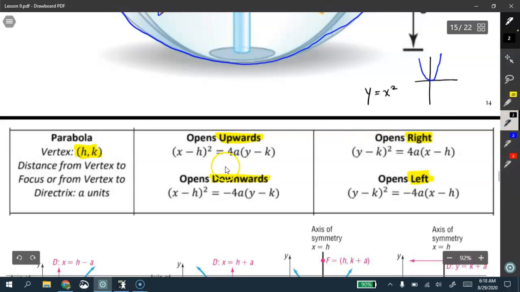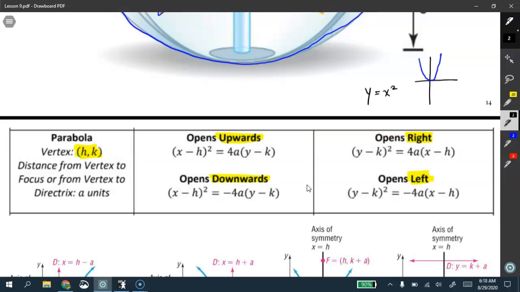So take a moment, look at all of the formulas, and notice that the ones that open upwards always have x minus h and y minus k. The ones that open right or left also have x minus h and y minus k. What I mean to say is that x minus h and y minus k are always going to be together. You might be wondering what the difference between them is in the first place.